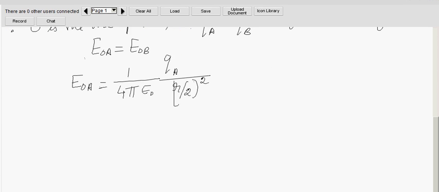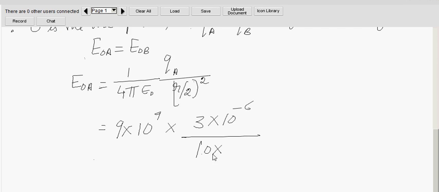Substitute the values. 1 by 4 pi epsilon naught is 9 into 10 to the power 9 and QA is 3 micro, micro is 10 to the power minus 6, divided by R is 10 centimeter, convert that into meter, 10 into 10 to the power minus 2 meter square.